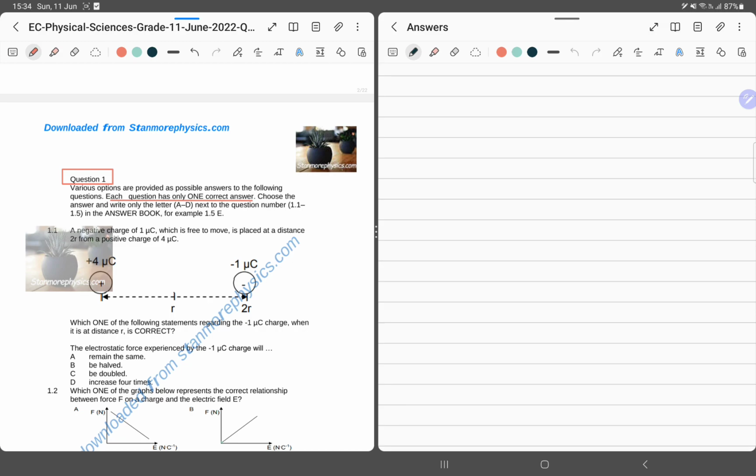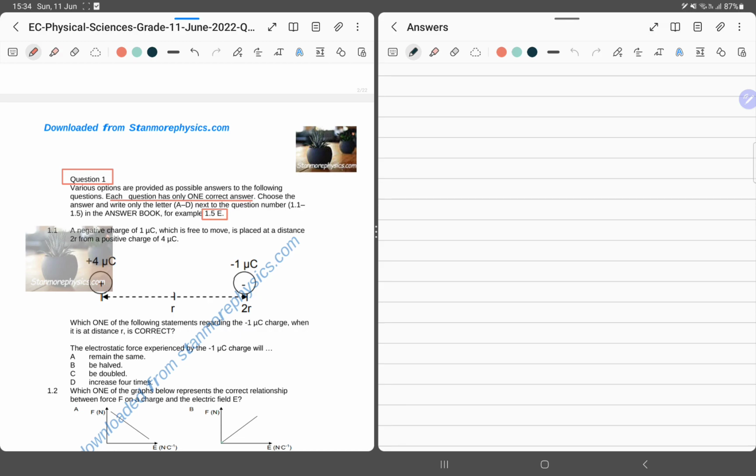At times they are equally correct, so you just have to choose one. It's just a trap to get you mad, all right? Choose the answer and write only the letter A to D next to the question number, okay? And we're given a taste of that for 1.5, it could be option E, all right?